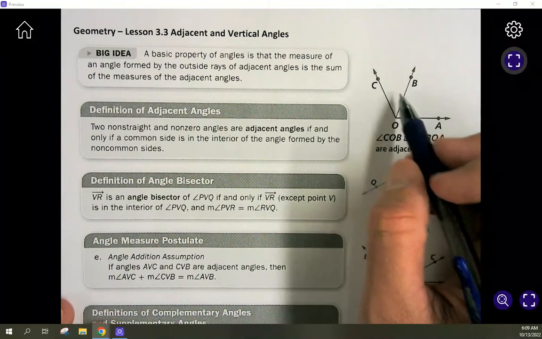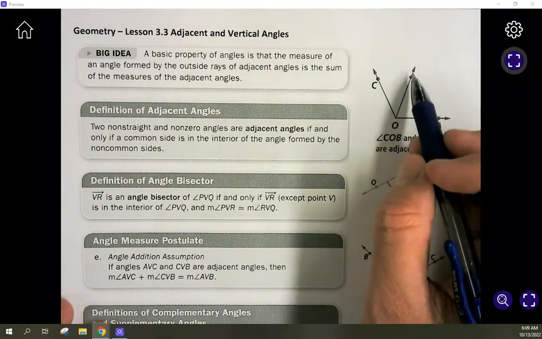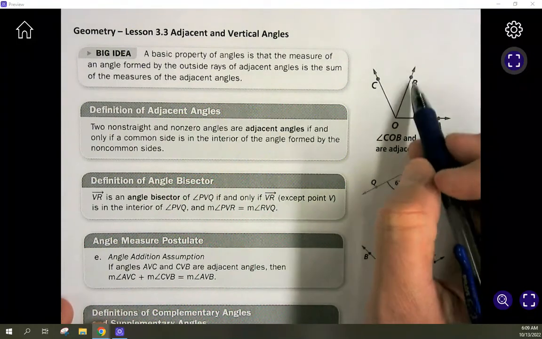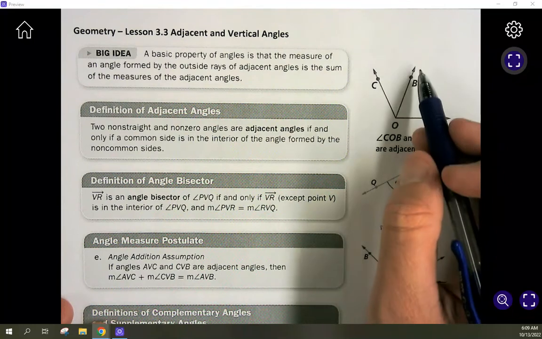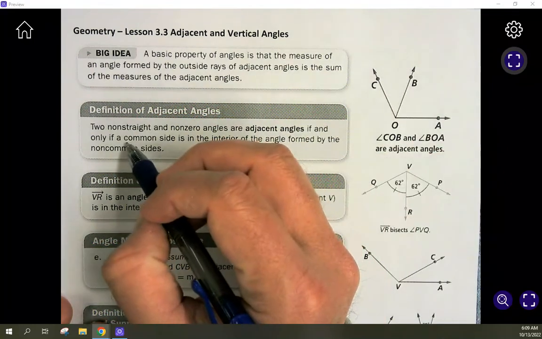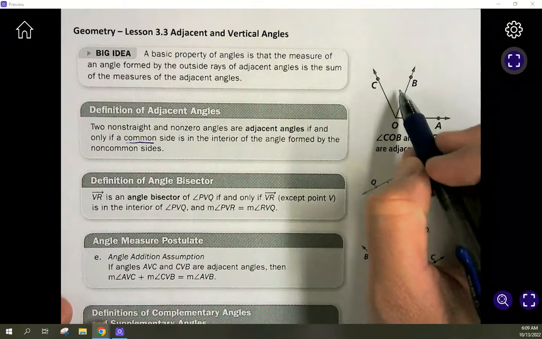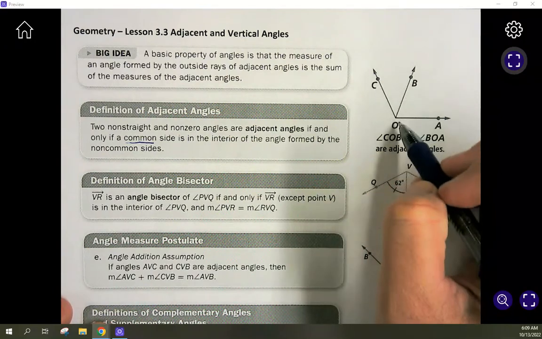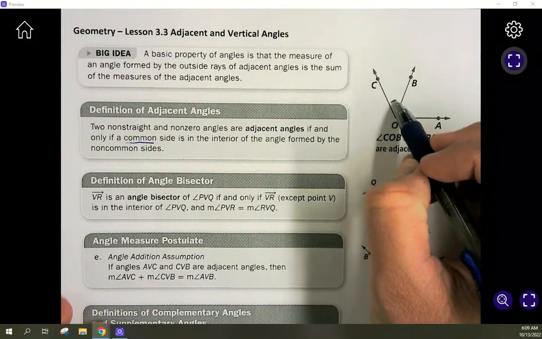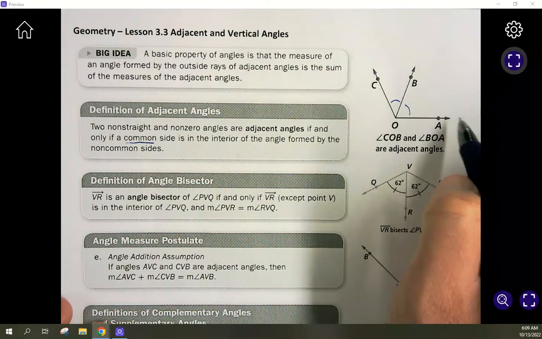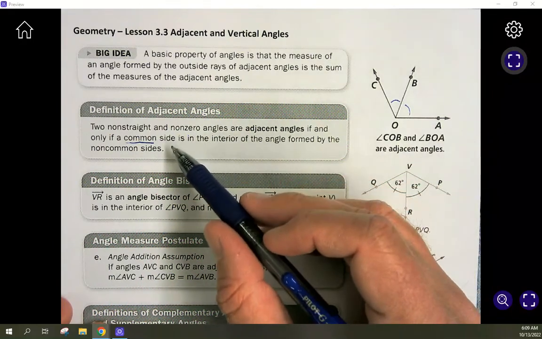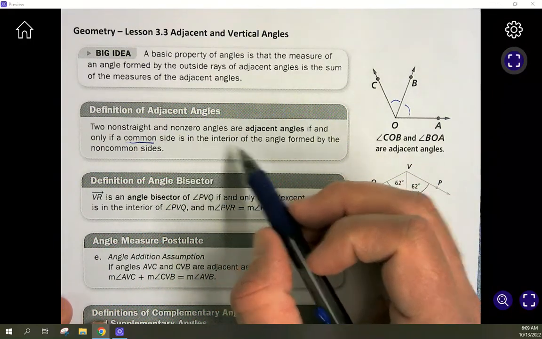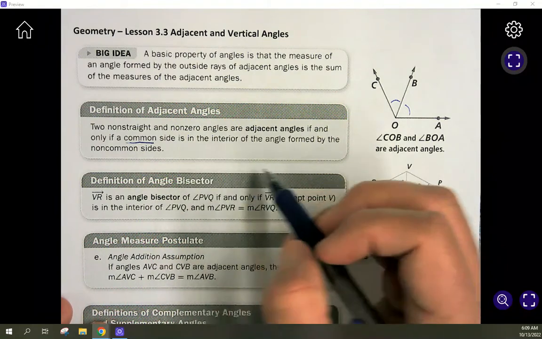So with these two angles, COB and BOA, this ray right here, OB, that's the common side. Common meaning they share it. Both of these angles use this ray as one of their sides. Okay, so a common side is in the interior of the angle formed by the non-common sides.